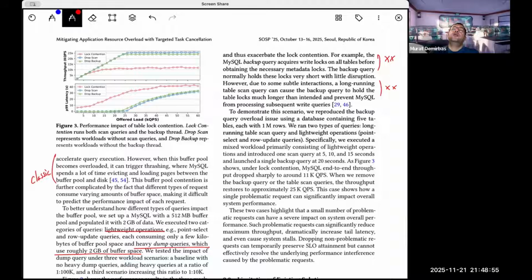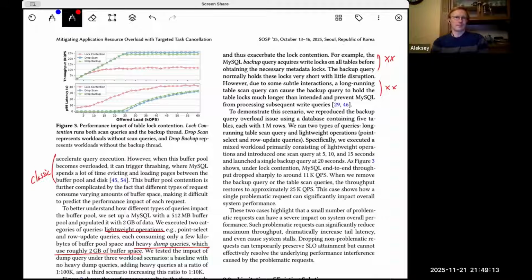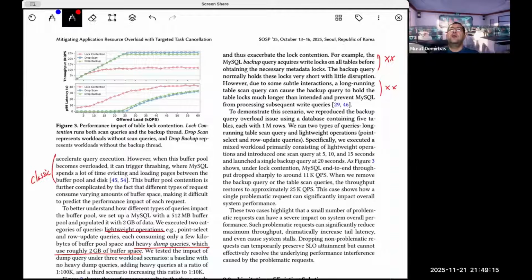Normally this is supposed to be short, but due to subtle interactions, it's longer. To demonstrate this scenario, we reproduced the backup query overload issue using a database containing 5 tables, each with 1 million rows. We ran two types of queries, long-running table scan queries and lightweight operations. As before, we executed a mixed workload primarily consisting of lightweight operations and introduced one scan query at 5, 10, and 15 seconds and launched a single backup query at 20 seconds.